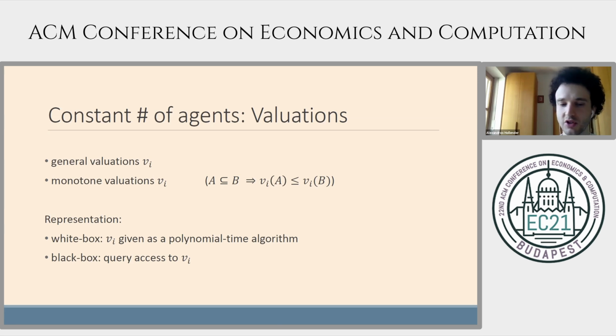And in that case, we just measure complexity in terms of the number of queries. Whereas in the white box model, it would be just standard computational complexity. Let me just mention in passing that our results also hold for an appropriate generalization of the Robertson-Webb model. So I'm happy to say more about this at the poster or in some question.